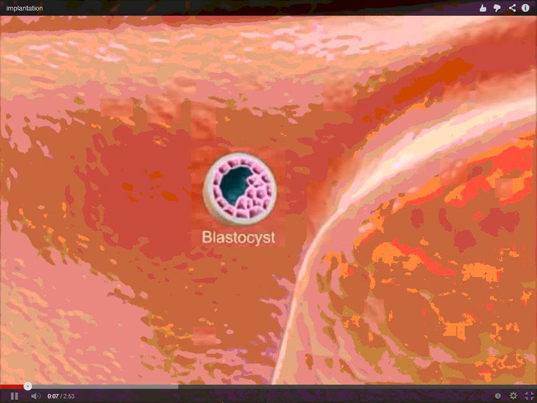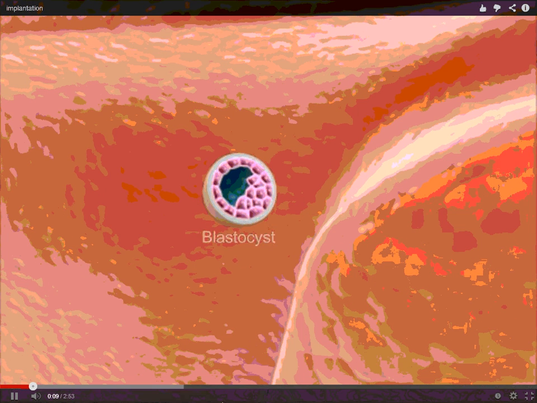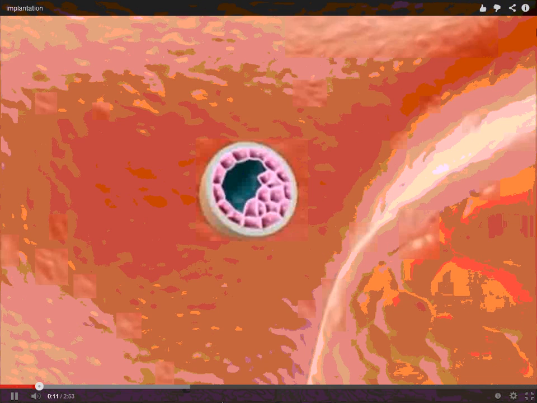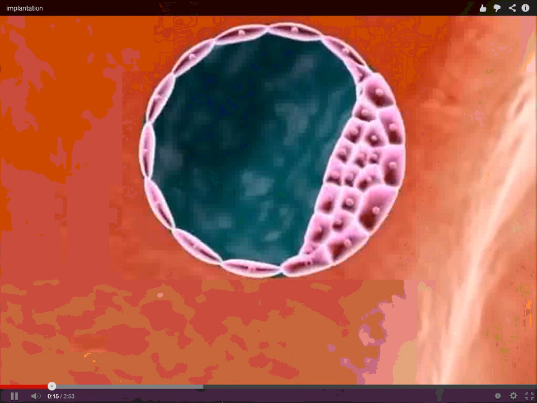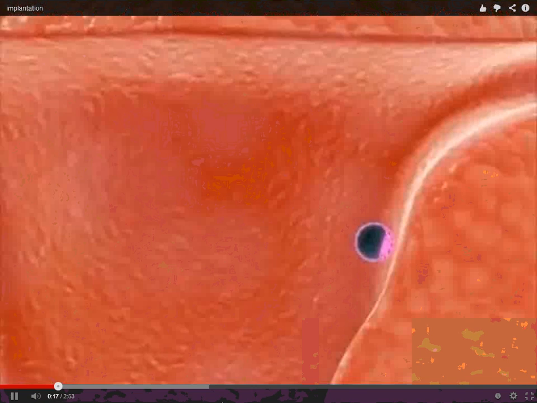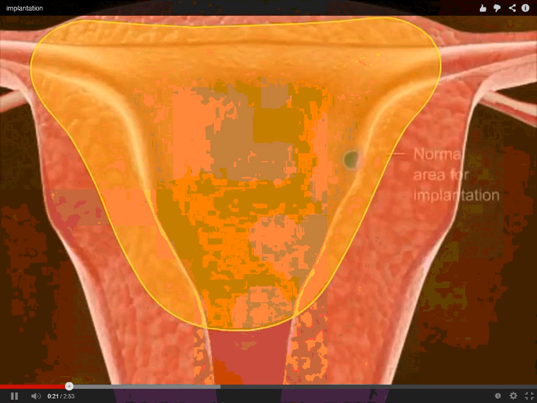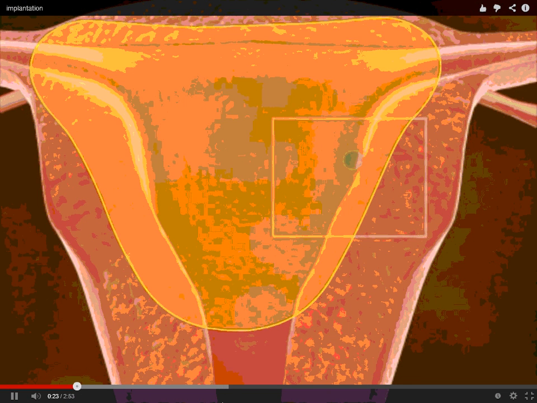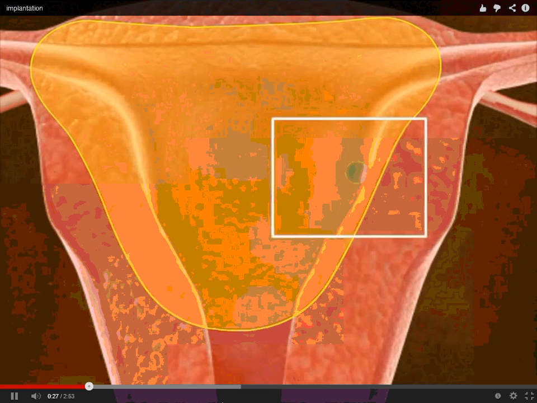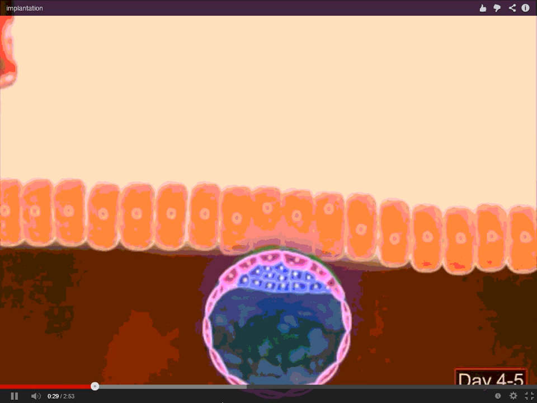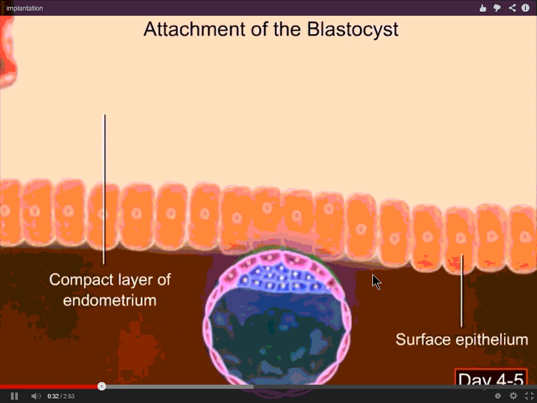So there's no audio here. Here you can see the blastocyst. It's come into the uterus. It begins to push through the endometrium. These are the endometrial cells.